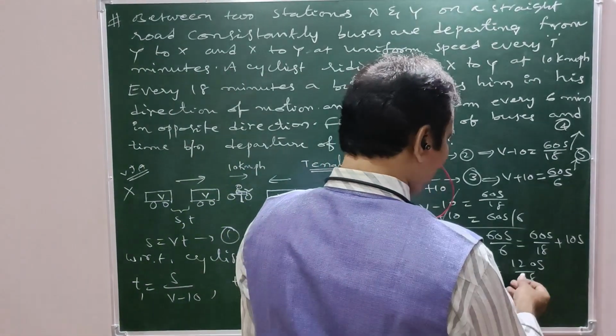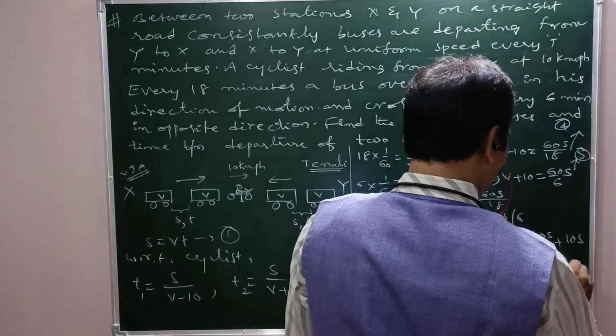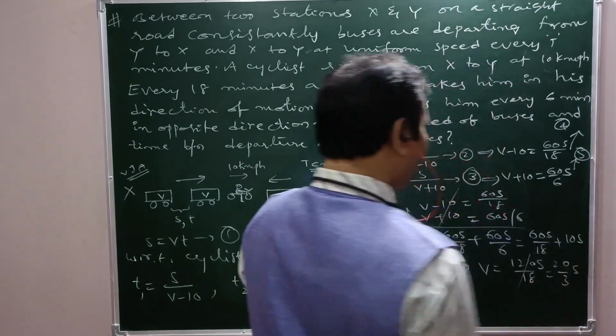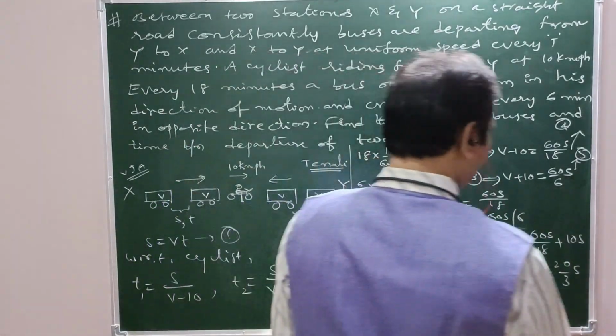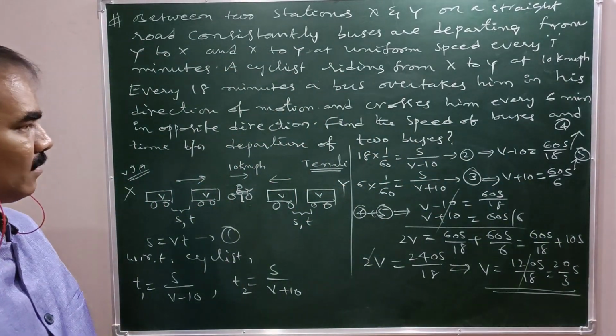On simplification, what will you get here? V equals 20 by 3S. Right?